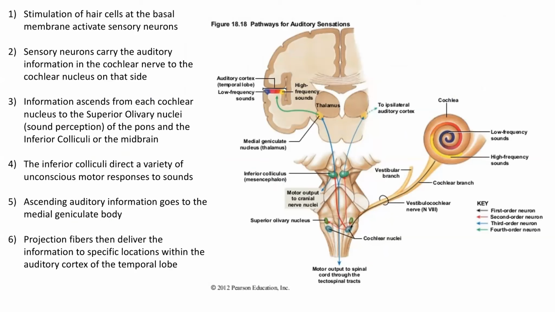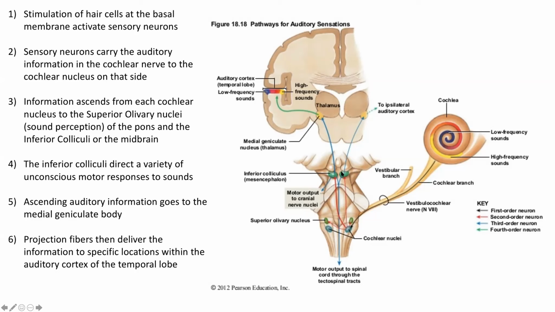Once we have stimulation of the cochlear branch of the vestibulocochlear nerve, this goes down to the cochlear nucleus. The cochlear nucleus then sends signals to the superior olivary nucleus. And those send tracts up to the inferior colliculus, which is our auditory reflex center. Remember this: the superior colliculus has the visual reflex, and the auditory reflexes are from the inferior colliculus.